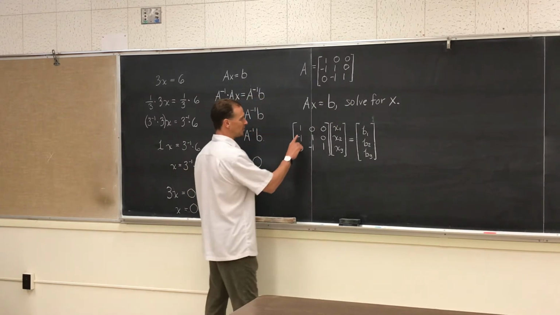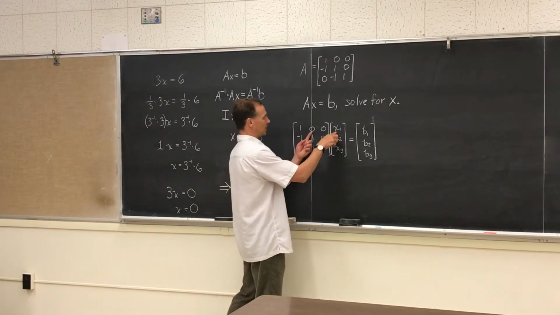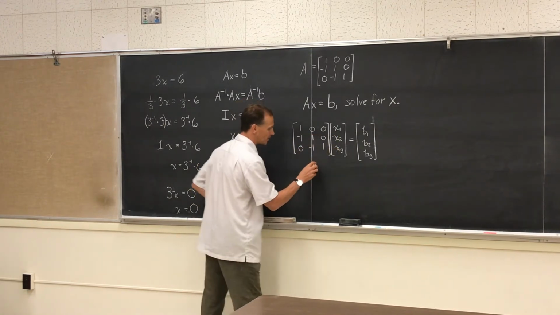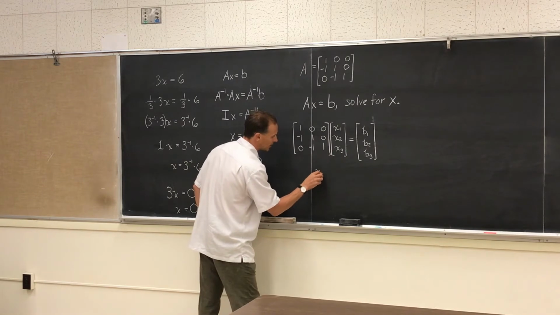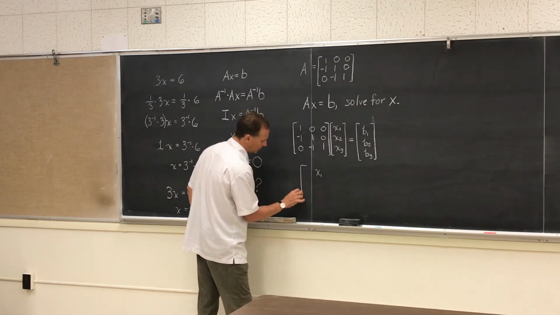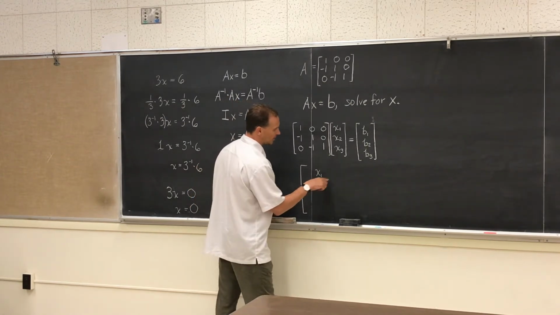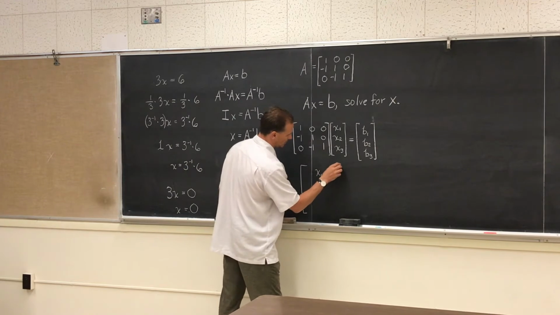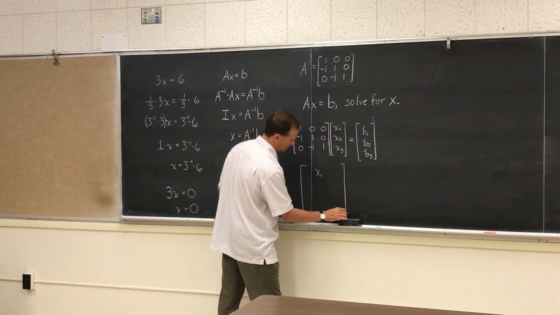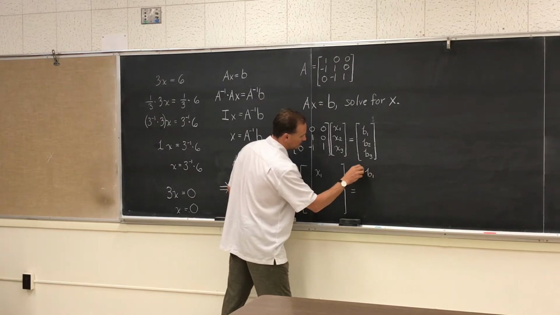What this tells me then is that 1 times x1 plus 0 plus 0, so in other words, this says that x1, I'll write it this way. We'll just write it once out in matrix notation, and then we'll solve this. This says that x1, I'm going to write my new vector like that, is equal to b1.